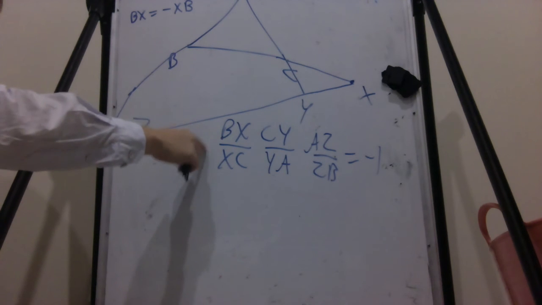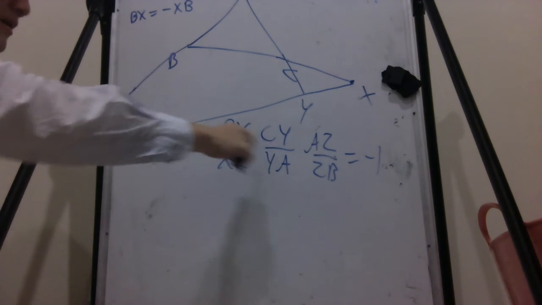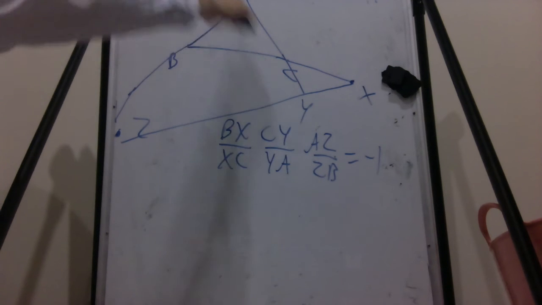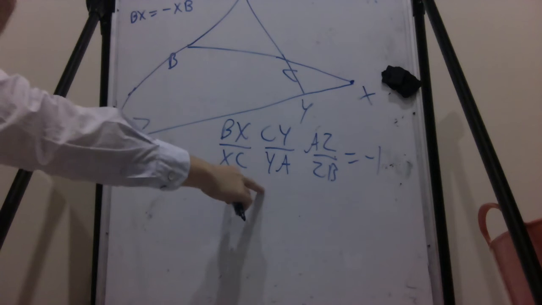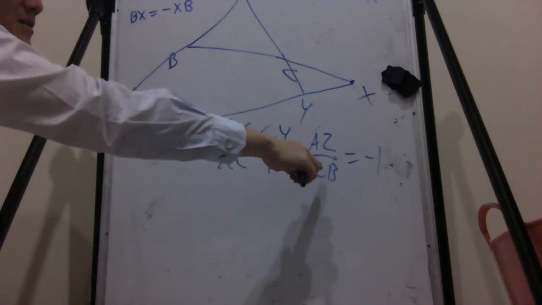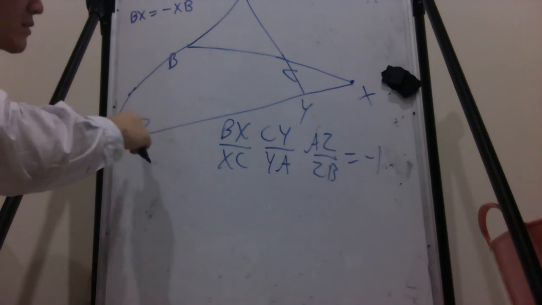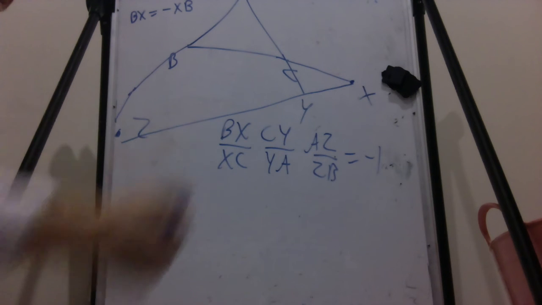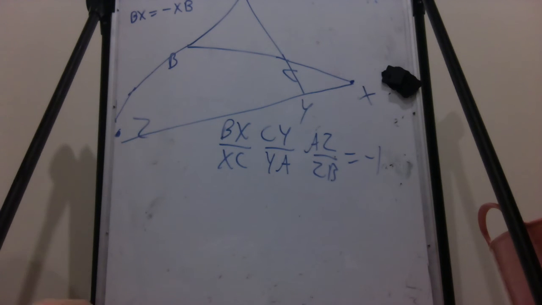And CY is in the opposite direction to YA, so that should be negative. And AZ is in the opposite direction to ZB. So 3 negatives make a negative. Or it could just be 1 negative and 2 positives. Does that make sense?